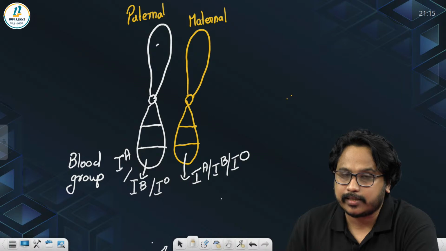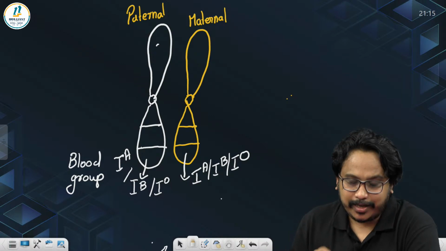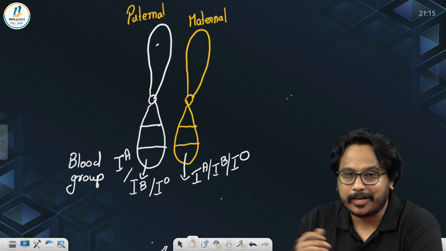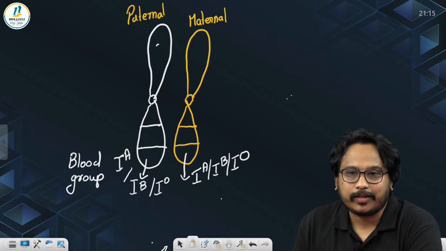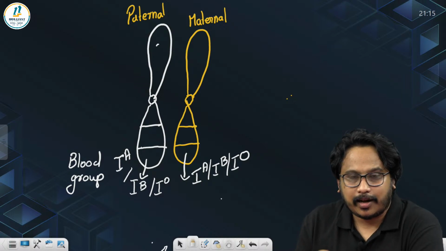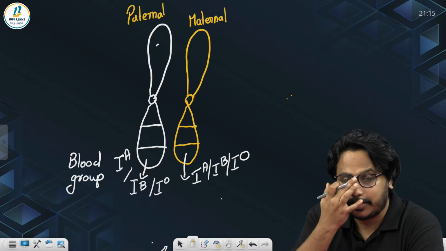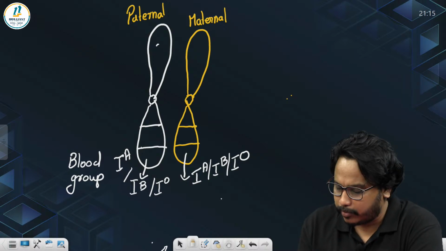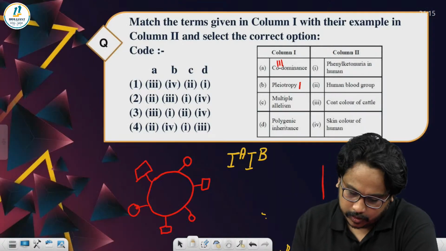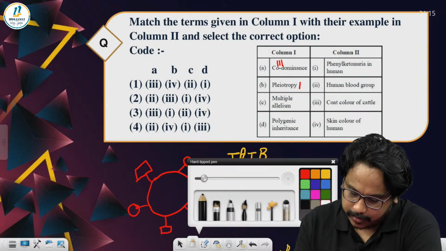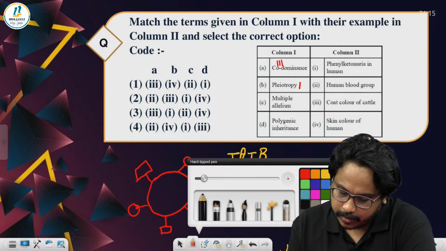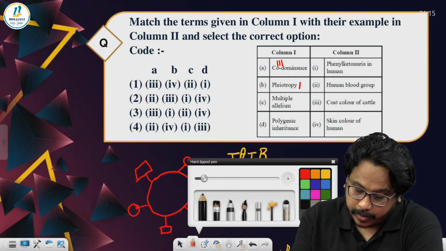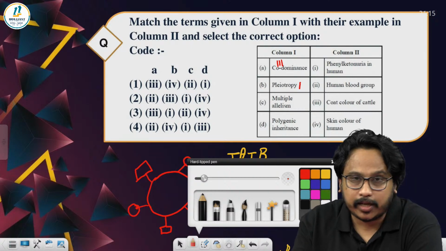Human blood group is an example of multiple allelism. So for allele, don't simply write it is an alternate form of a gene. Multiple allelism, when it is coming, you should understand more than two forms are coming. So the example for multiple allelism given here is human blood group. In human blood group, it has more than two alleles.